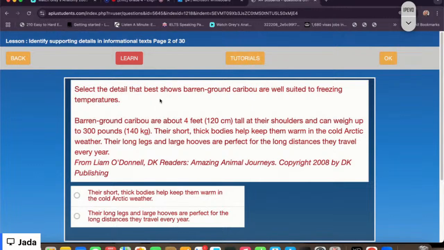So select the detail that best shows barren ground caribou are well suited to freezing temperatures. So you can look at this and we can select our answer.